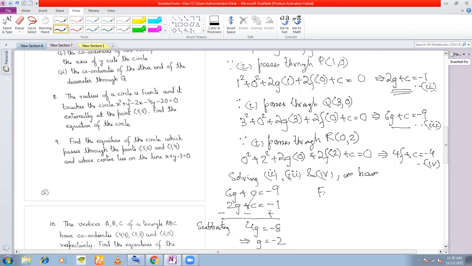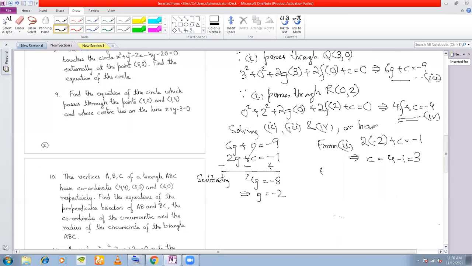So from 2, twice g plus c is equal to minus 1. That means c is equal to 4 minus 1, which is equal to 3. So we have got the value of g and c. How to get the value of f? Put the value of c in 4. From 4, 4f plus c is equal to minus 4.